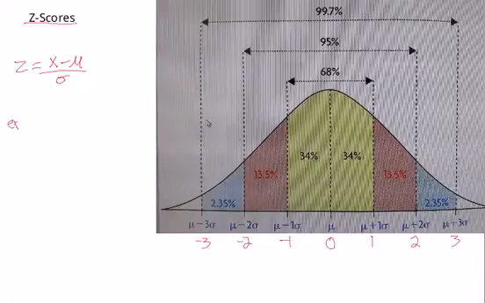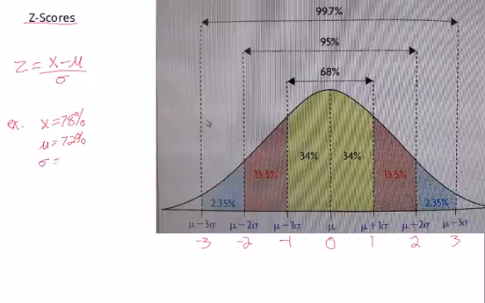So let's do an example. Let's suppose you got a 78 on a test, and that'll be your x, your mark or whatever you're looking for. Let's suppose the mean was 72% and the standard deviation was 4.